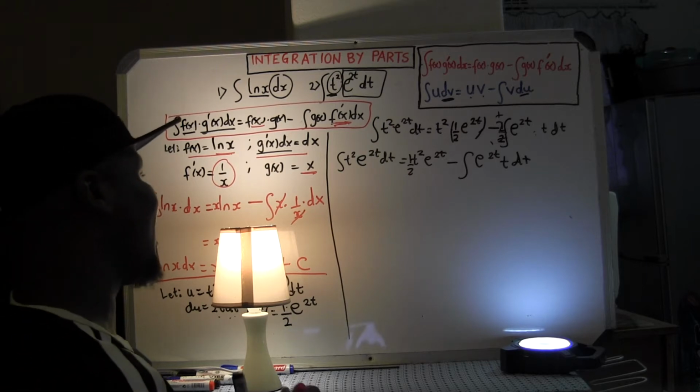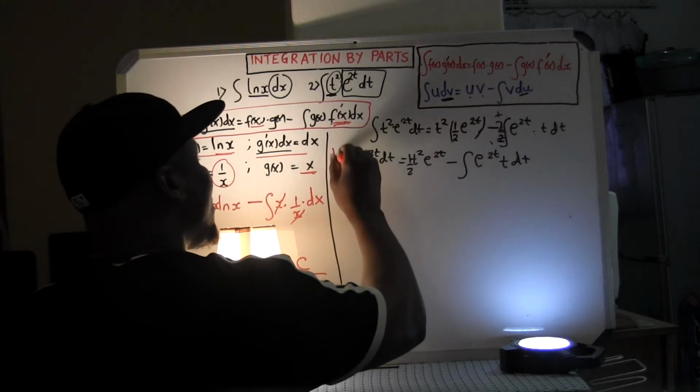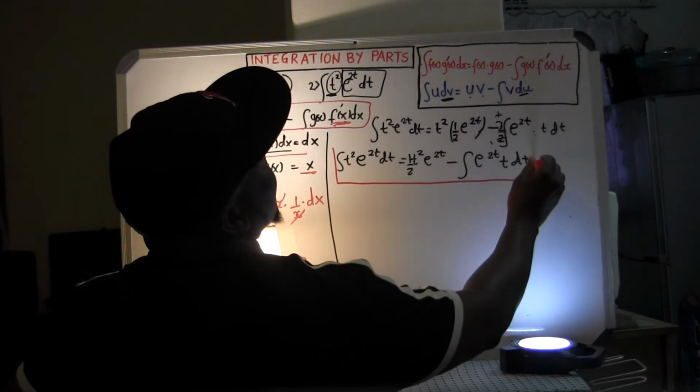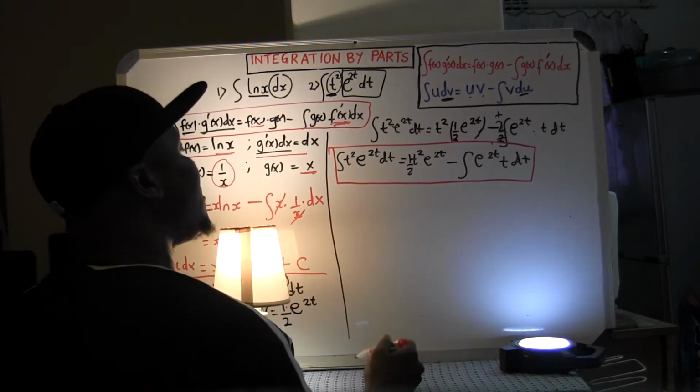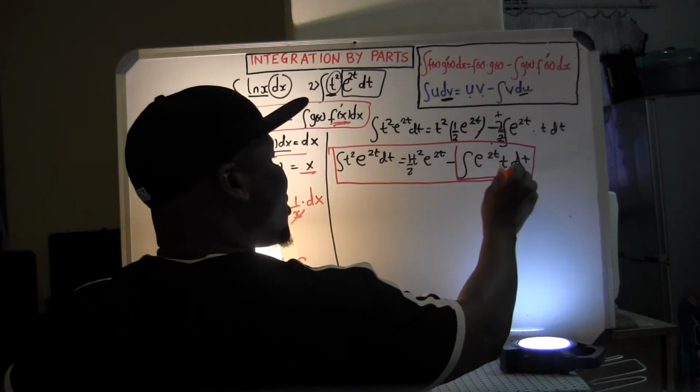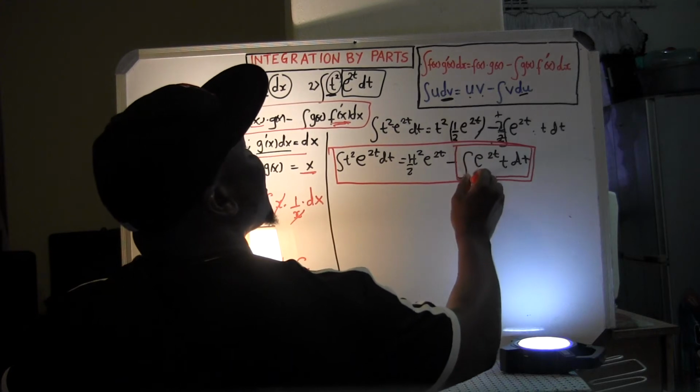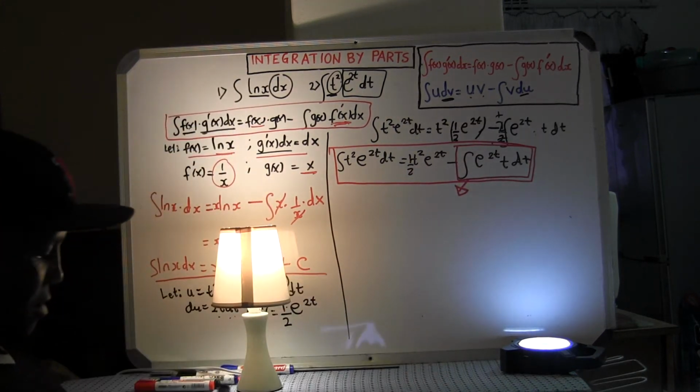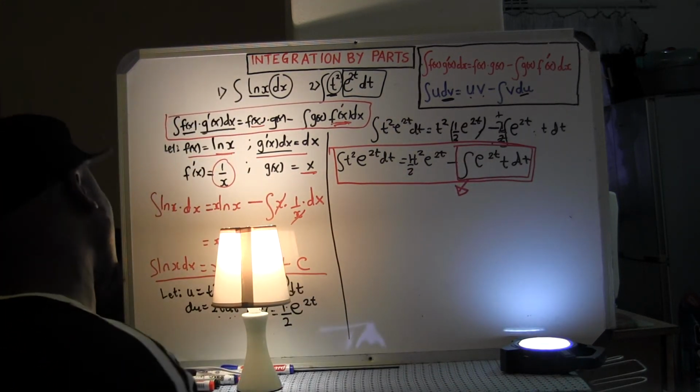It means we're going to have to do another by parts. So we're going to have to take this and solve it by parts separately. You can't get that one straight away.